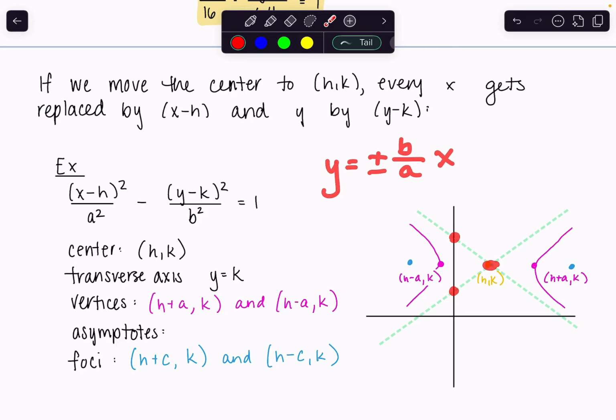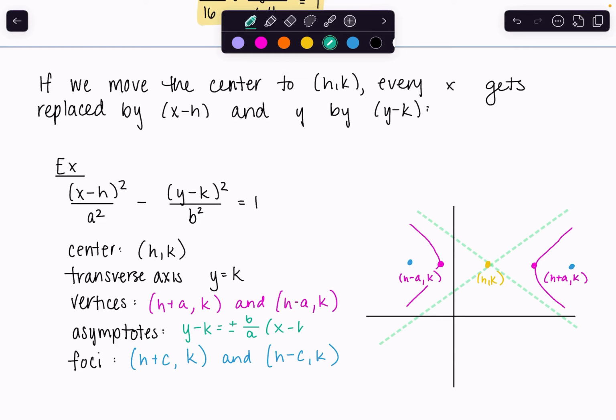So you're going to have to find these each individually. But you just replace y by y minus k and x by x minus h. So our equations are going to be y minus k is equal to plus or minus whatever's under y over what's under x. And then we replace x by x minus h.